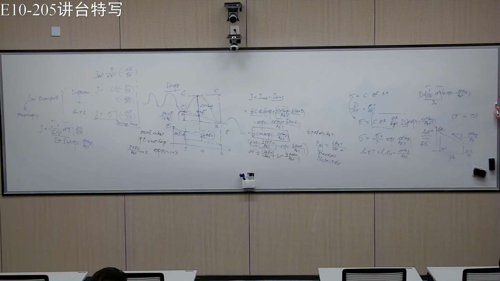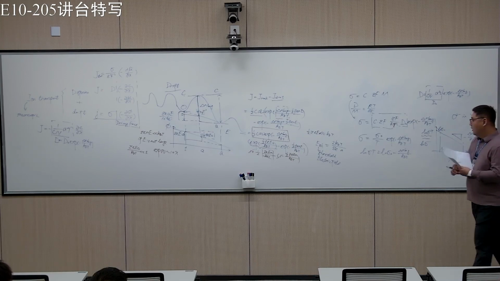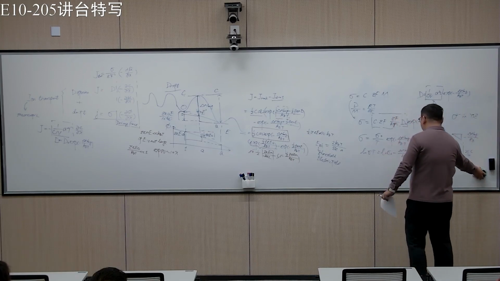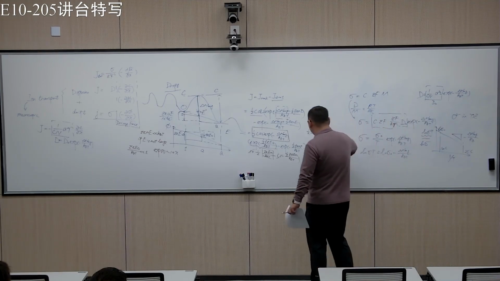So you can extract the migration barrier by measuring the conductivity of the ions as a function of the temperature. However, you have to be careful with that.